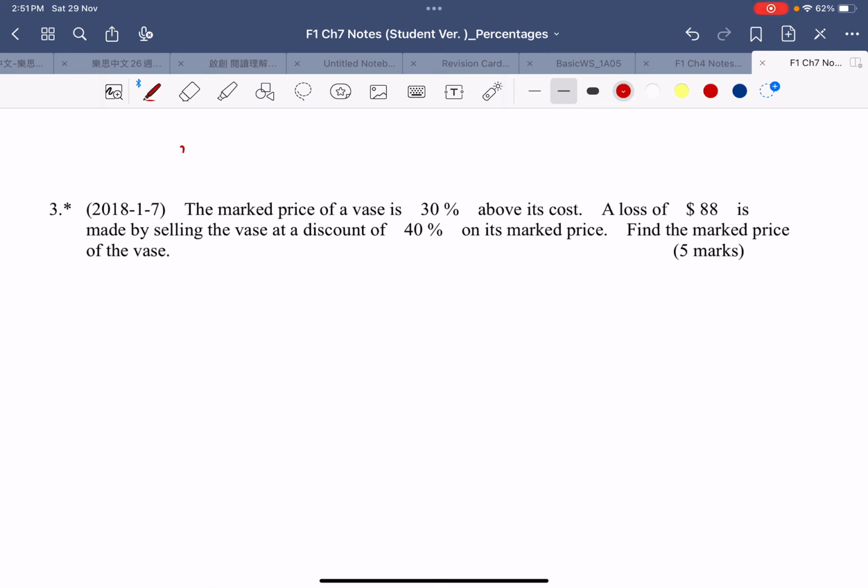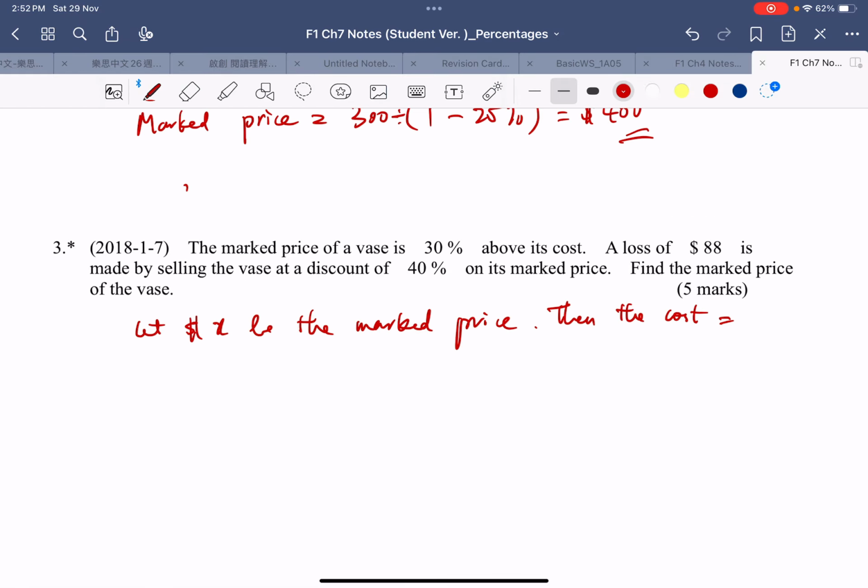So now I use let X be the market price. Then think about the cost. What is the cost? According to X being the market price, the cost will be this.